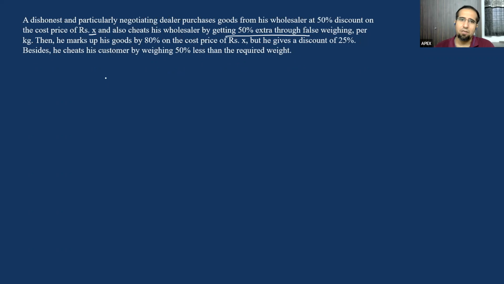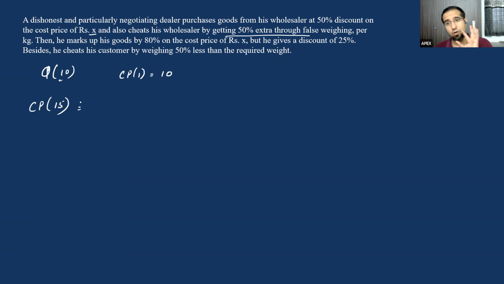So if I'm looking at this question, then the markup is so and so. So let me assume that the quantity he is buying is 10 kgs, and CP of 1 kg is equal to 10 rupees. So what is he doing? He is actually buying CP of 15 because he's getting 50% extra through false weighing, and he gets a negotiation at a discount.